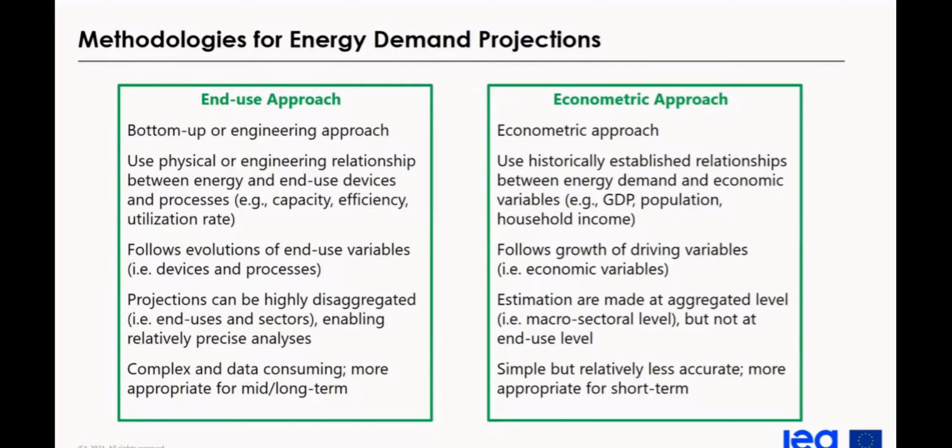And if we look at the evolution of the GDP per capita, we could try to estimate what will be the evolution of electricity demand. This will be based on established relationships between those two variables in the past, in other regions and comparable countries. So this type of approach is made at a very aggregated level. It's not made at the end use level, so it's simpler, but it is less accurate. This approach is very appropriate for the short term.